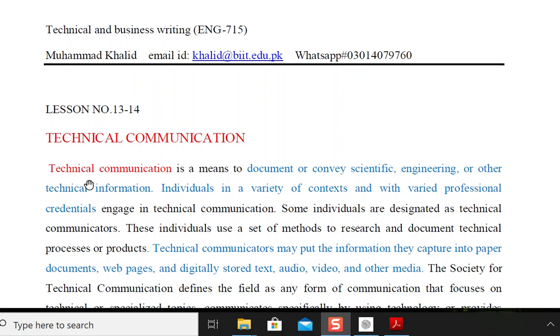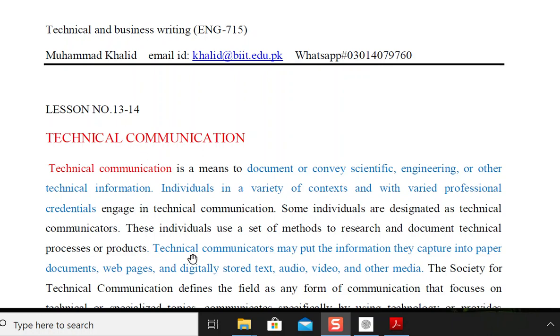Look at technical communication is a means to document or convey scientific, engineering, or other technical information. Individuals in a variety of contexts and with varied professional credentials engage in technical communication.